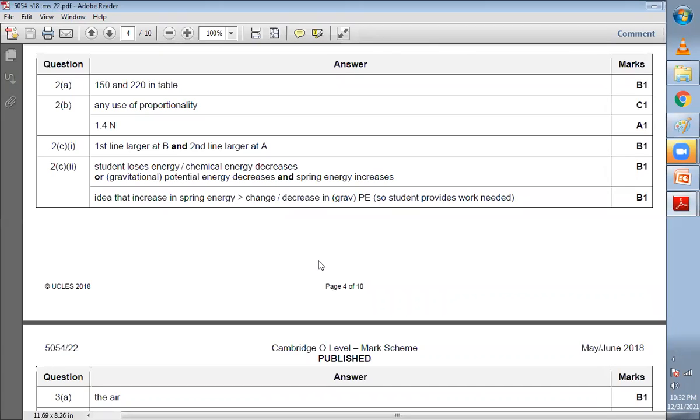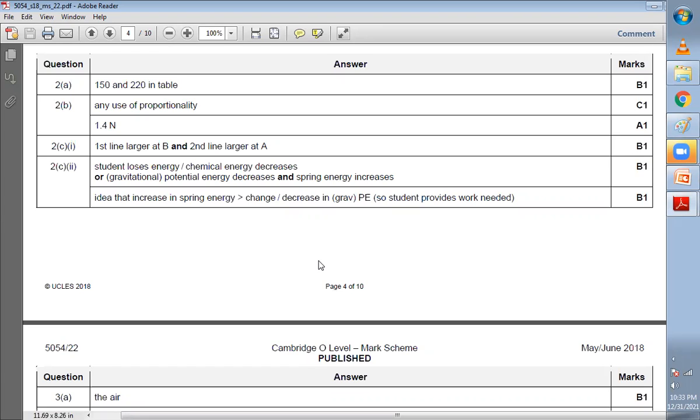So 150 and 220 in the table, any use of proportionality, 1.4 newton should be the answer. First line larger at B and the second line larger at A. Student loses energy, chemical energy decreases, or gravitational potential energy decreases, and the spring energy increases. Idea that the increase in the spring energy is more than the decrease in the gravitational potential energy, so the student provides the work needed.